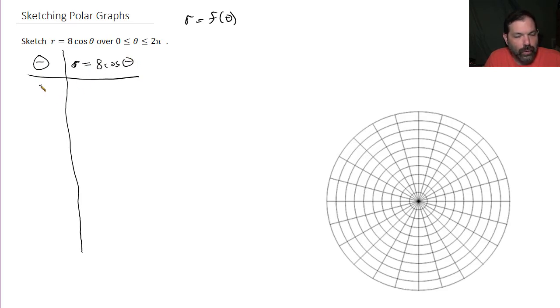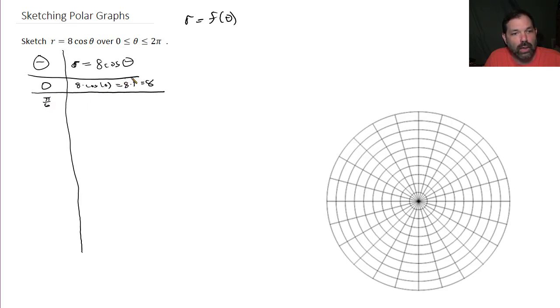So for example, if theta was 0, then r would equal 8 times the cosine of 0. The cosine of 0 is 1, so that's 8 times 1. That's 8. And then how about if theta was pi over 6?